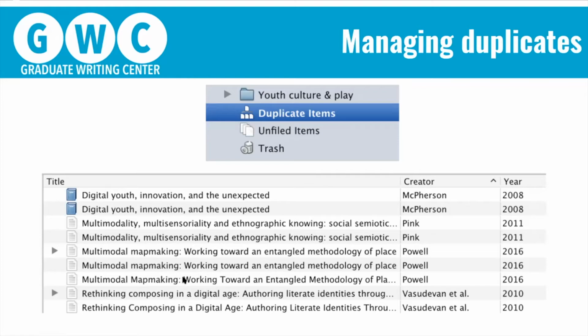I have 3 copies of this Powell article and 2 copies of the Vasudevan article, right? Sometimes Zotero will make a mistake with duplicates. It might see something as a duplicate when in fact, perhaps the same text shows up in 2 different book chapters, right? So it's helpful to check the creator as well as the year to make sure these are true duplicates.